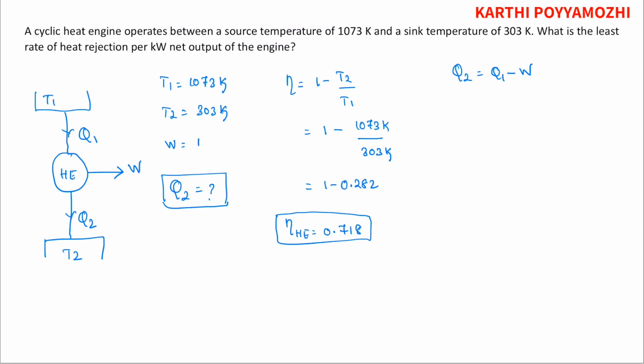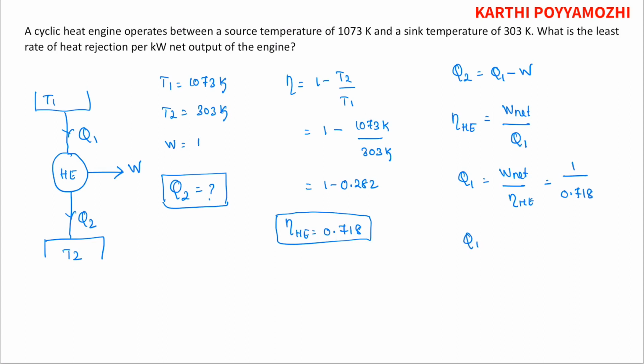Q1 can be found by the formula: efficiency of a heat engine is equal to W net by the heat input. From this, Q1 will be equal to W net by the efficiency of the heat engine, which is nothing but 1 divided by 0.718.